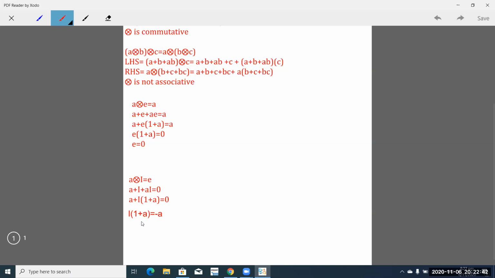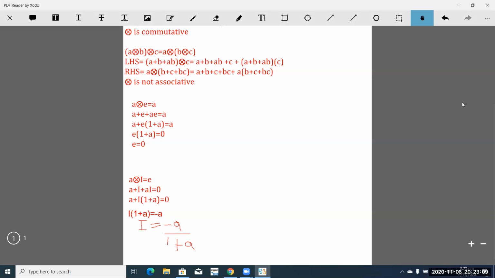I is equal to negative A divided by 1 plus A. You see why it is divided by 1 plus A? We have to divide both sides by 1 plus A. So this is the inverse.